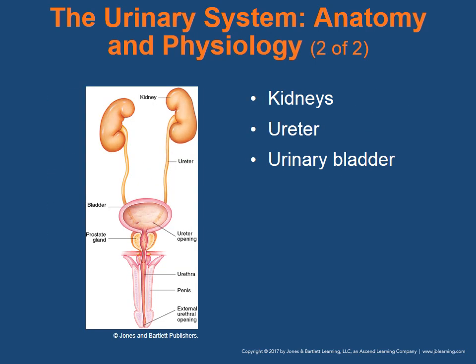So the kidneys, and then the ureter, and then the urinary bladder, and then down through the urethra, and then if we're talking about males, through the penis and the external opening, right? Some problems you may have here would be kidney stones. People that are on dialysis, their kidneys don't work, they can't filter.